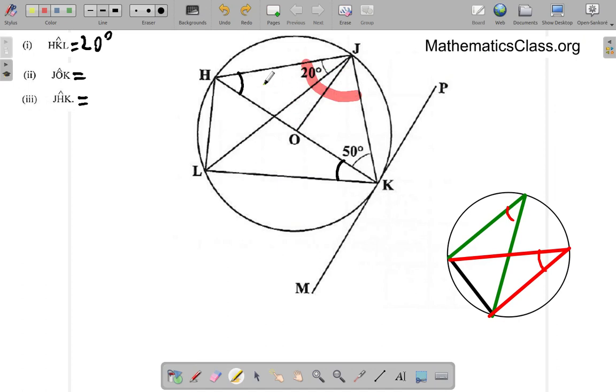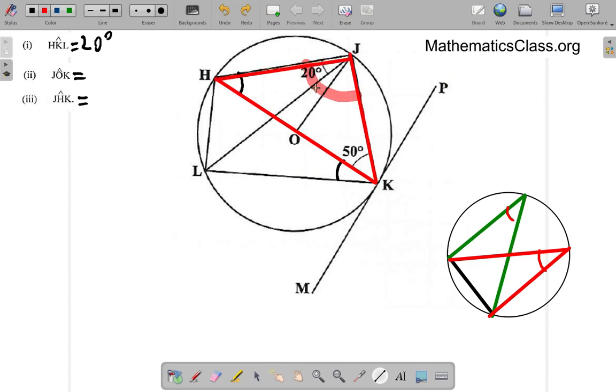Right? Now the triangle HKJ, you know, it's a triangle, so all the angles inside it must add up to 180. So this triangle here, HKJ, right?